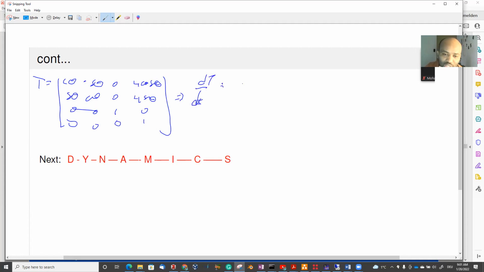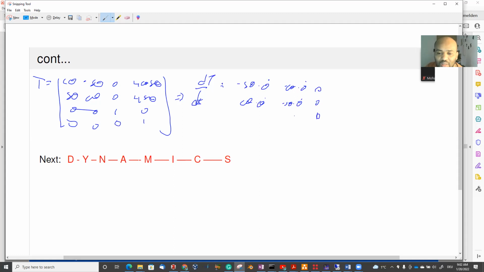You get cos theta is minus sine theta times theta dot. Sine theta is cos theta times theta dot. Minus sine theta is minus cos theta times theta dot. Then cos theta is minus sine theta times theta dot. Then 0 is 0, 0 is 0.